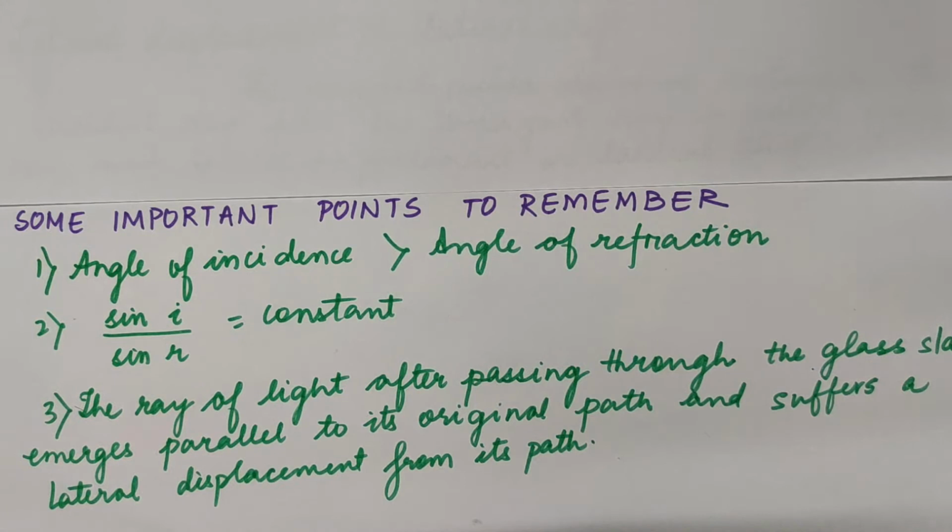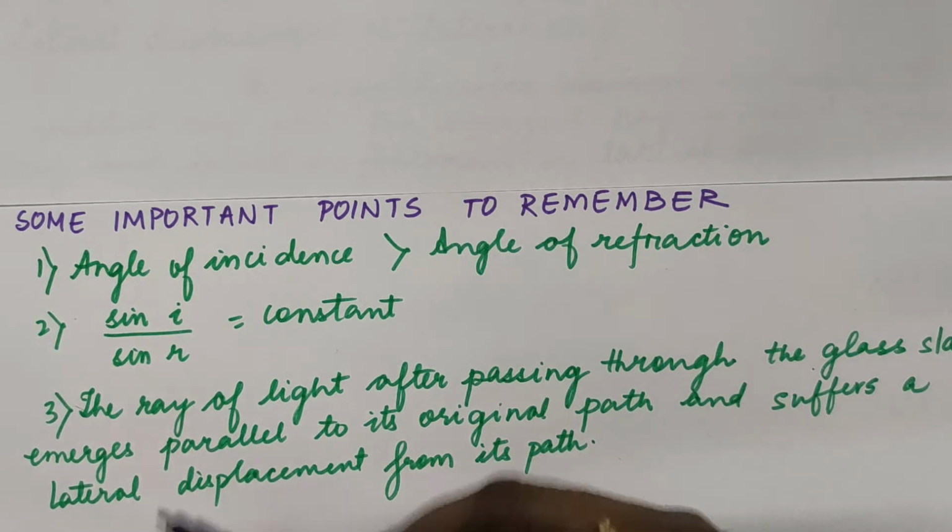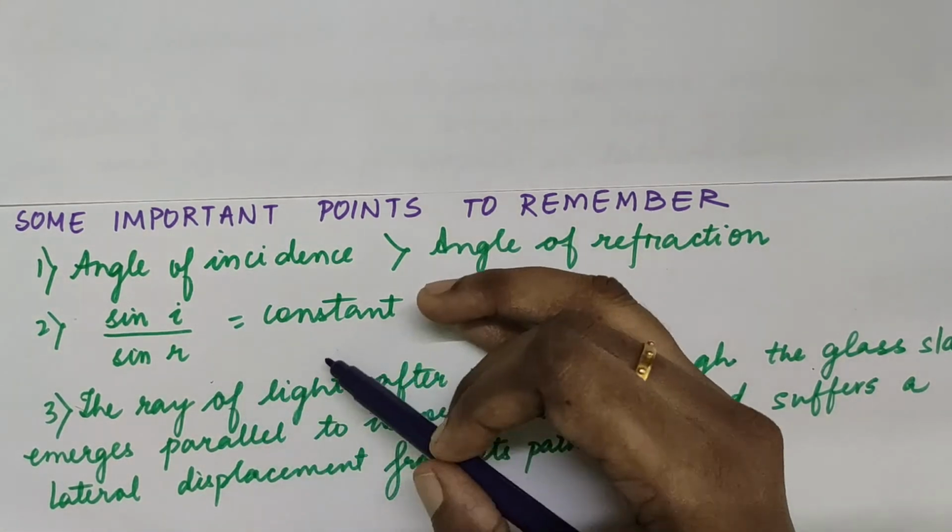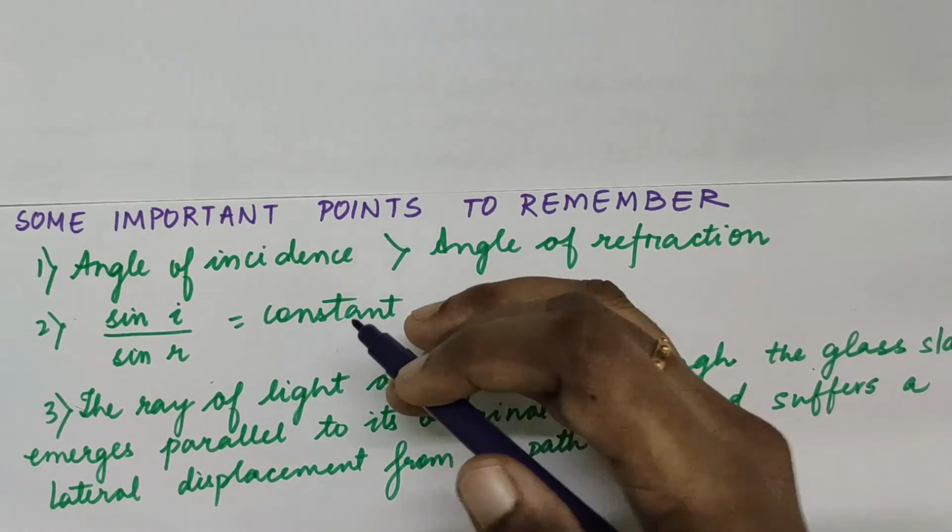Now there are some points that you need to remember. The angle of incidence is definitely more than the angle of refraction in this case, because as I told you, it's moving from a rarer to a denser medium, so it will move closer to the normal. Also, you will see that sin i by sin r is a constant, which we call the refractive index.